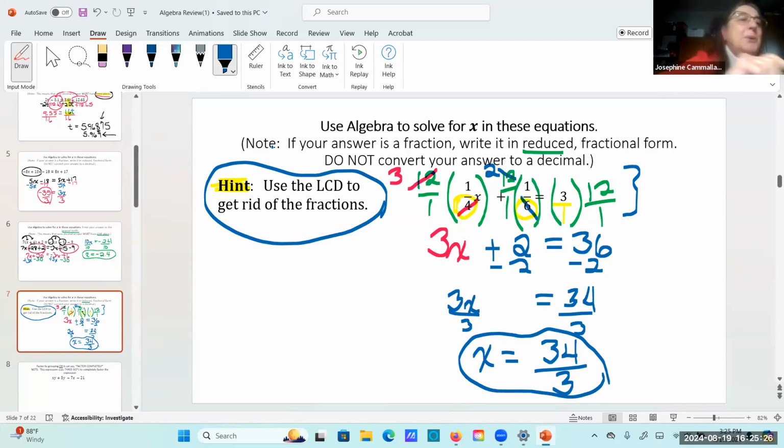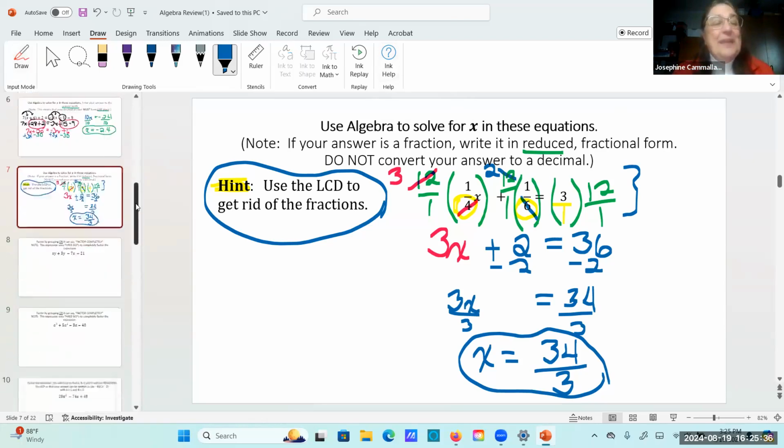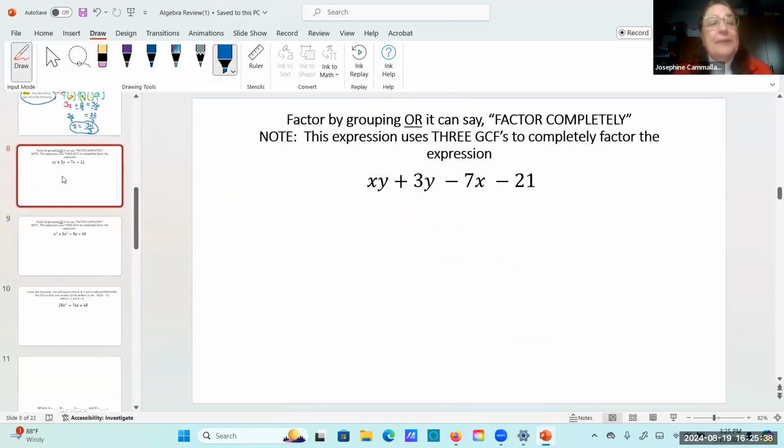Then, now we get into the wonderful world of factoring. Now, this is known as factoring by grouping. It's grouping because I have 4 terms.